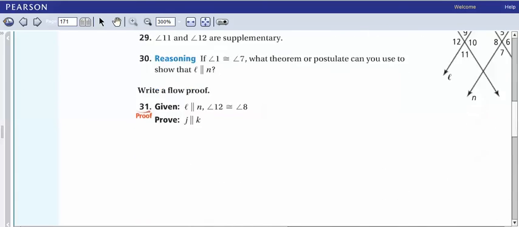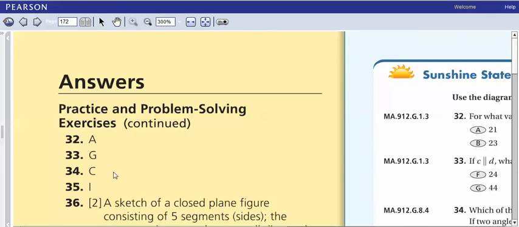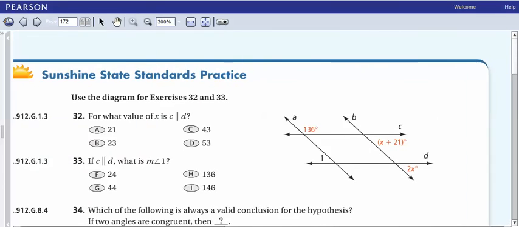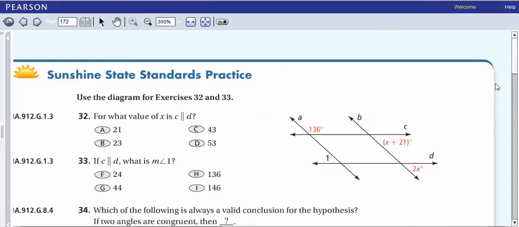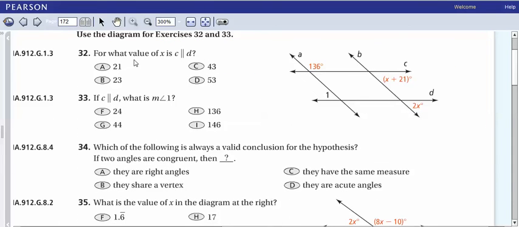32 to 38 is some review. Not really. For what value of x is C parallel to D? C parallel to D. x plus 21 has to equal 2x.